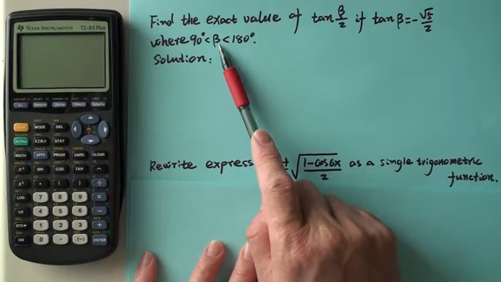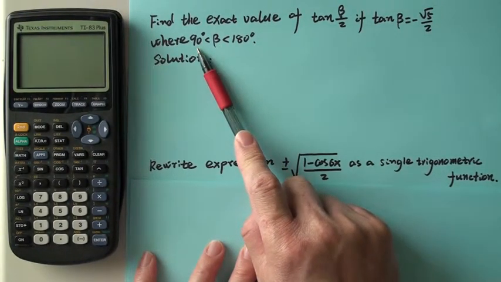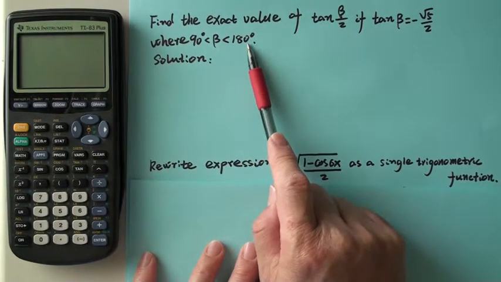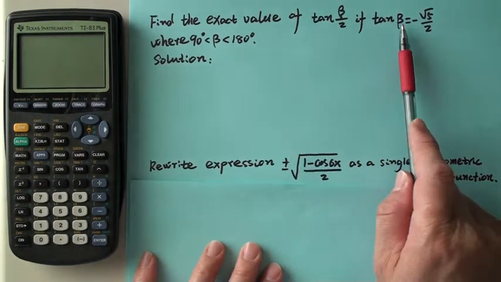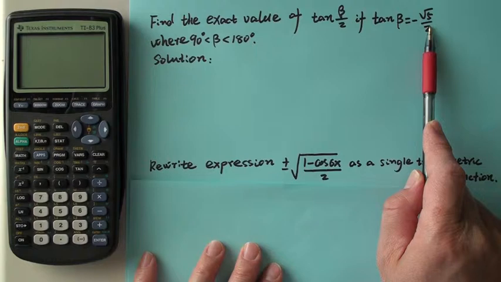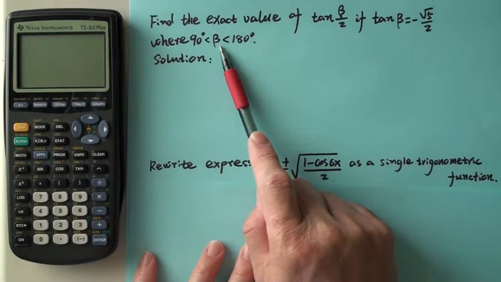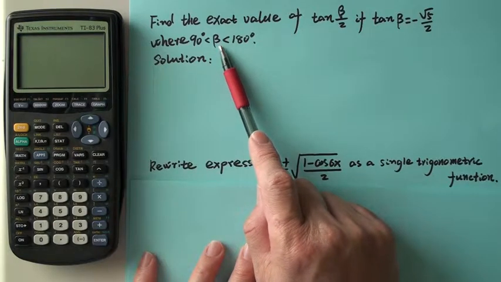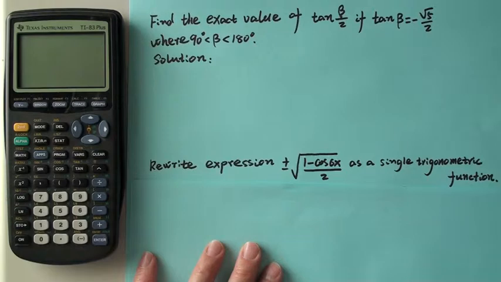Basically, this says that beta is in the second quadrant. We know beta is in the second quadrant. Tangent beta is negative. Sine beta is positive. Cosine beta is negative. Okay.